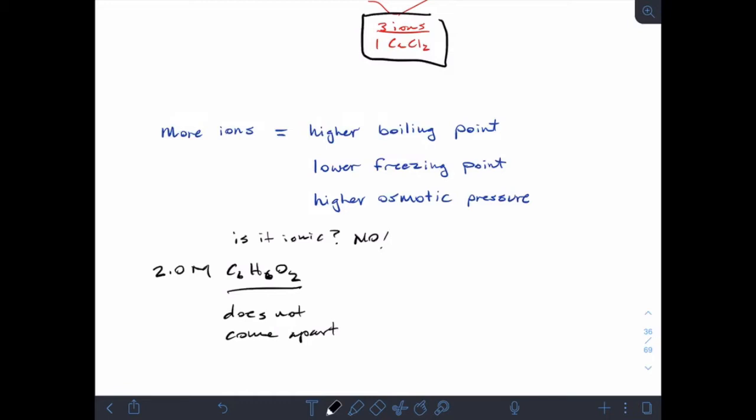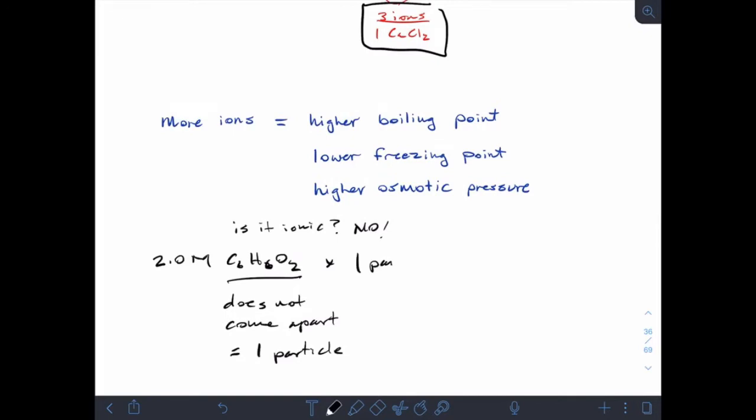Don't quote me on that. But if it does not come apart, that equals 1 particle. I just get the molecule itself, right? So total concentration of particles times 1 particle equals 2 molar particles, because it's not ionic, it doesn't come apart.